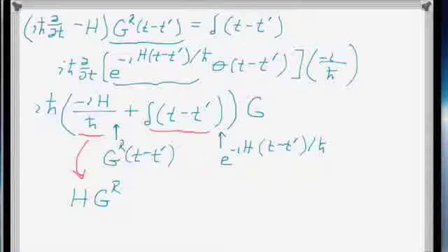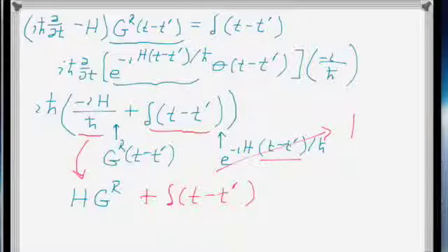So I can evaluate this when t equals t prime, since that's the only time that matters. And if I evaluate that when t equals t prime, that just gives me 1. Okay? So this gives me an H of G^R plus delta t minus t prime.